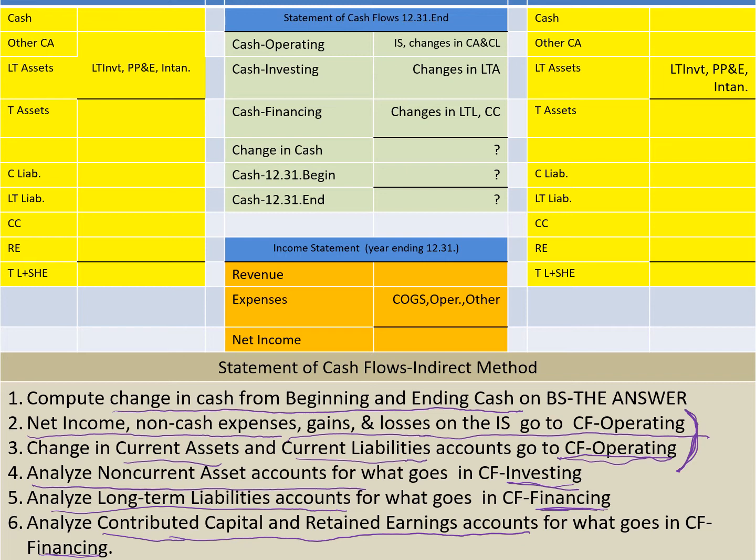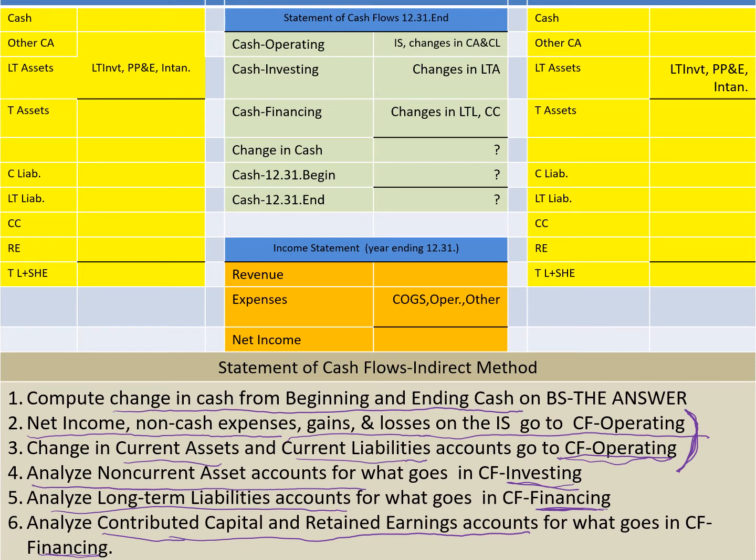Now, the direct method's investing and financing sections are exactly the same as the indirect method's investing and financing sections. So they are the same. Whether you do it the direct method or the indirect method, they look the same. They have the same information.